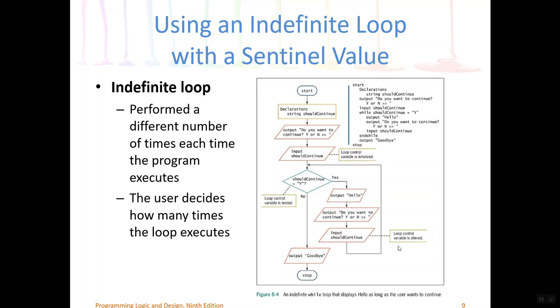That ensures that when we loop back around to the test should continue equal y, we have a new value from the user. So in both the definite loops, the counter-controlled, and the indefinite loops that we're looking at here, we still have all three requirements. The loop control variable is initialized, tested, and altered.